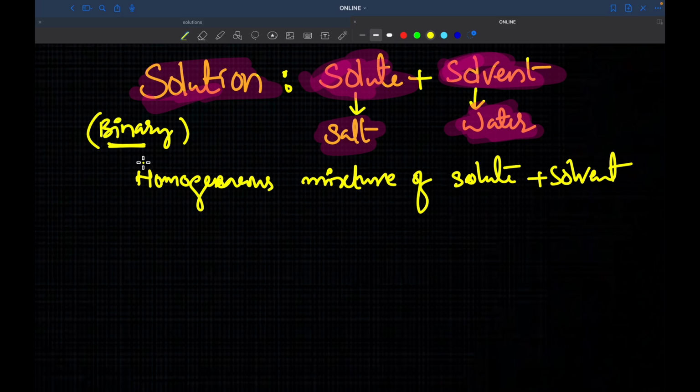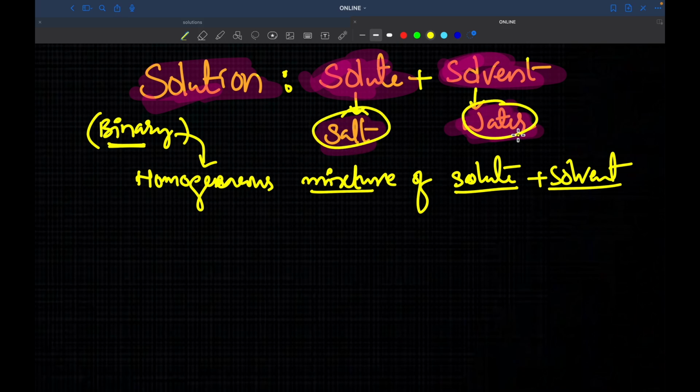A binary solution is a homogeneous mixture of a solute and a solvent. For example, salt plus water, sugar plus water. You can take many examples, right?